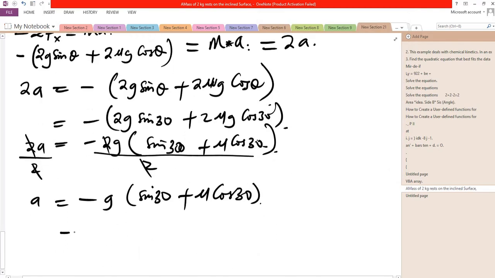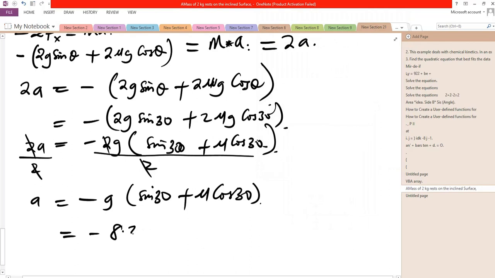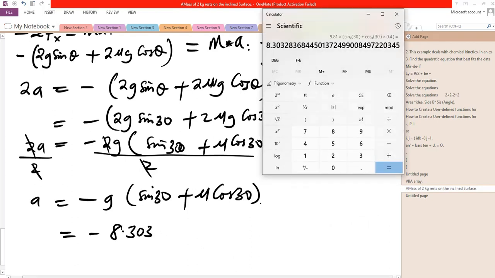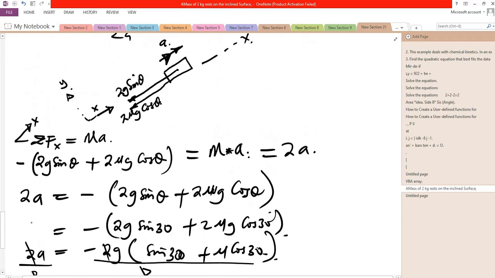So the answer will be minus 8.303 meter per second square. So this is the deceleration when the thread is cut.